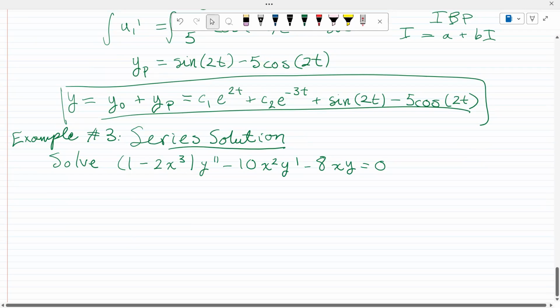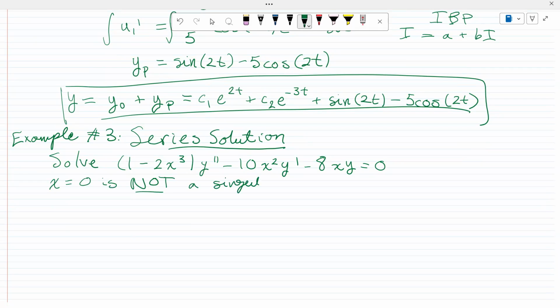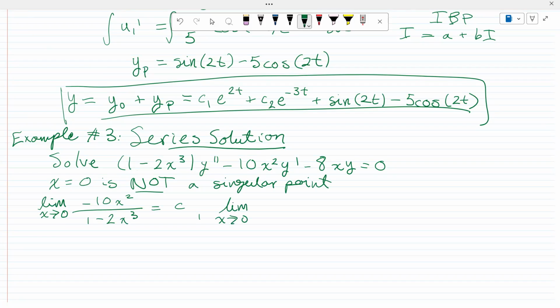We can note that x equals 0 is not a singular point, because if you divide this by that, then the limit as x approaches 0 of negative 10x squared divided by 1 minus 2x cubed gives you a finite value, and the limit as x approaches 0 of negative 8x divided by 1 minus 2x cubed is also finite.